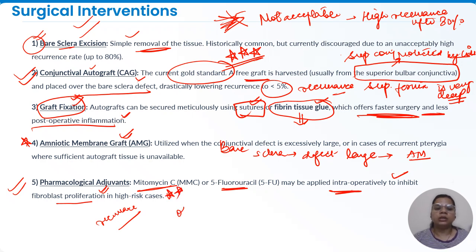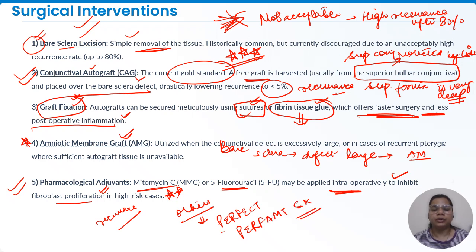There are also other techniques which are modifications of these techniques, like PERFECT surgery. So what is PERFECT surgery? PERFECT surgery is pterygium extended removal followed by extended conjunctival transplant.